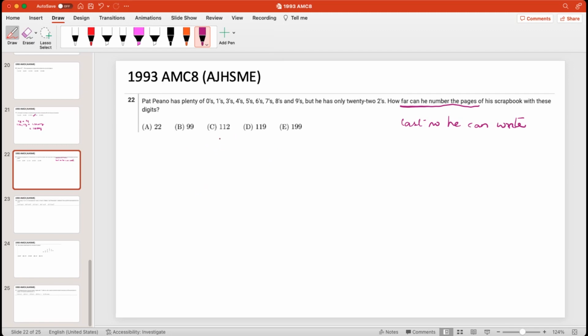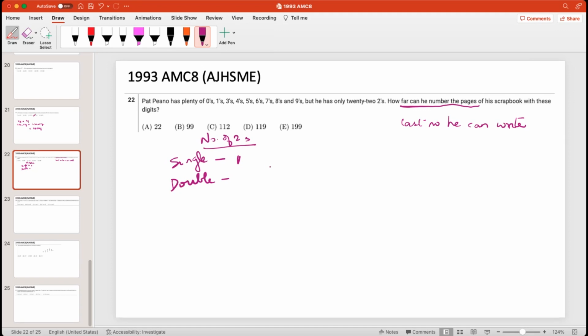So let's check now. In single digits, how many twos? In single digits, that's 1. In double digits, if we count from 12, 20, 21, 22, 23, 24, 25, 26, 27, 28, 29.